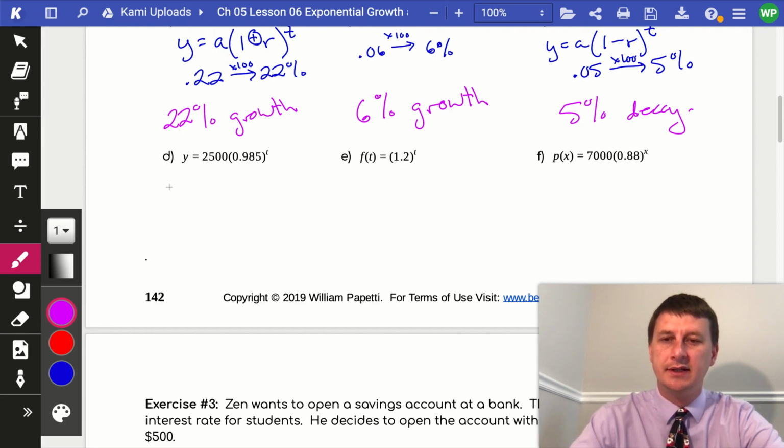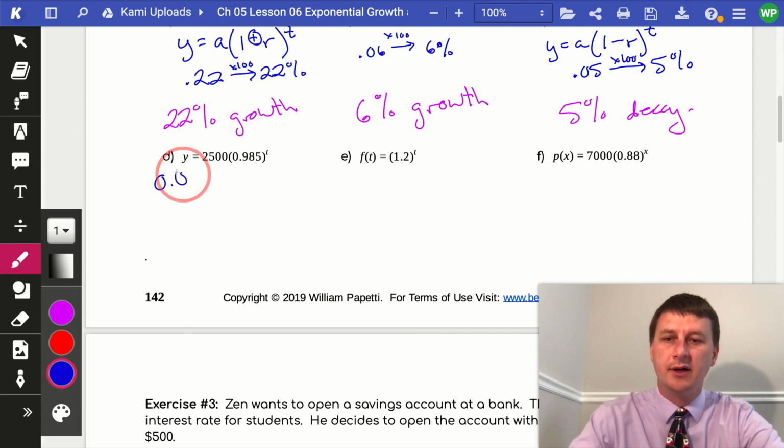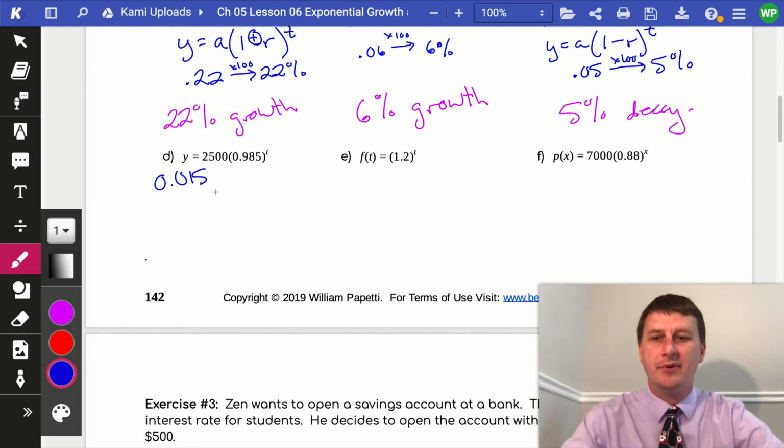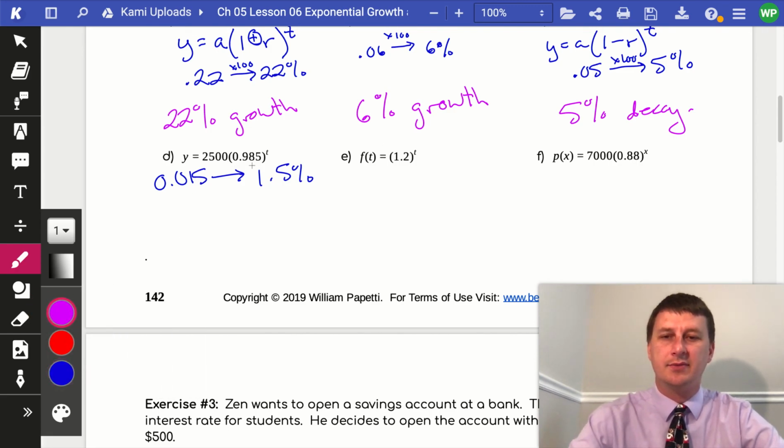Well, we're missing 0.015 in order to make that 1. This is really 98.5%. And what percent is missing to get to 100? And that's going to give us 1.5%. And again, we're subtracting 1.5% from 100% to leave us with this 98.5% inside those parentheses. So it's decay. So we have 1.5% decay in part D.